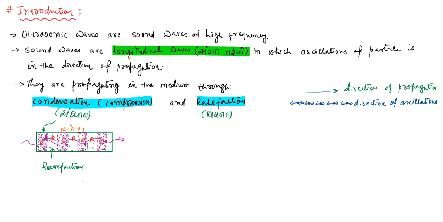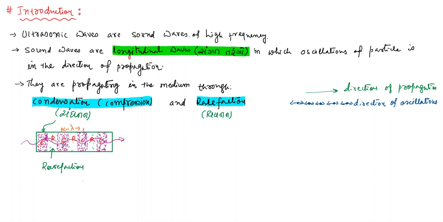After the formation of condensation, up to T by 2 time, that is half of the time period, rarefaction is formed in its place, because the particle oscillates one way and then, on oscillating back, all gather where the rarefaction was. So at the place of rarefaction condensation is formed, and at the place of condensation rarefaction is formed.